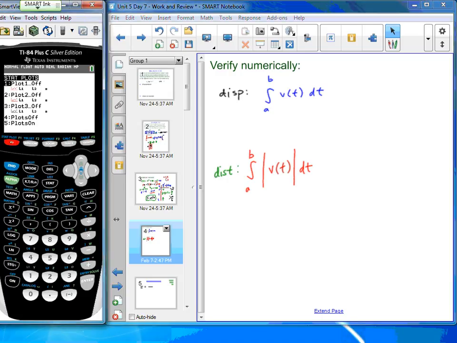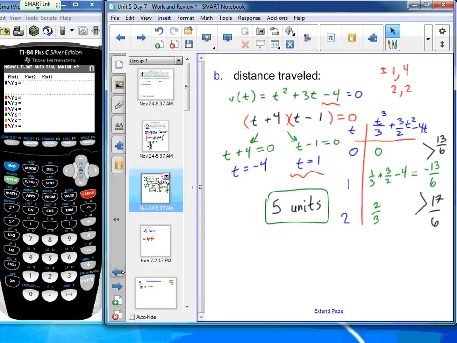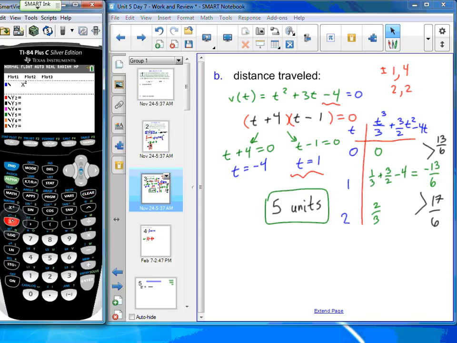So for my y equals, I'll put in our velocity v of t: t squared plus 3t minus 4.